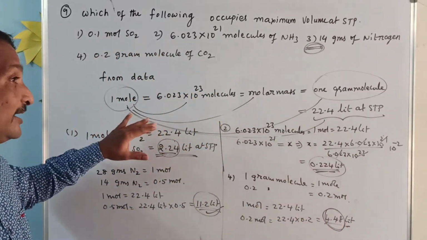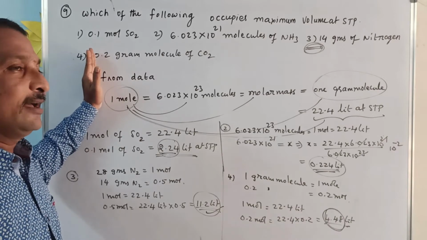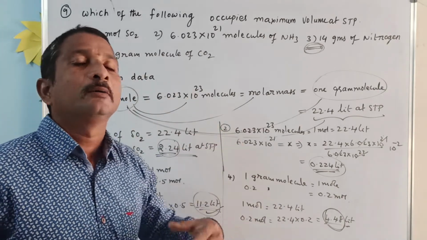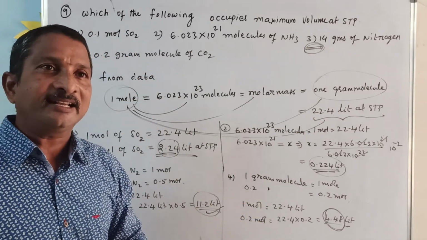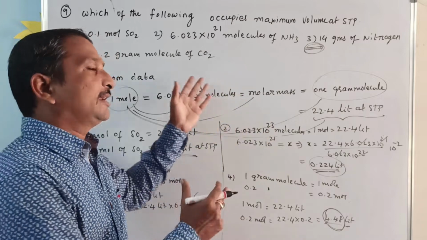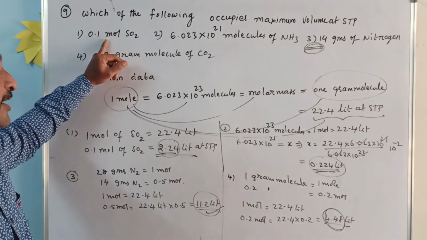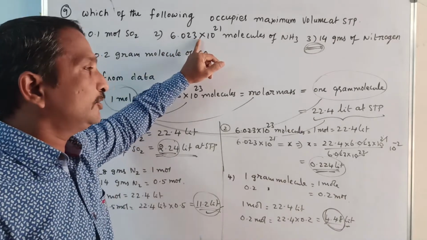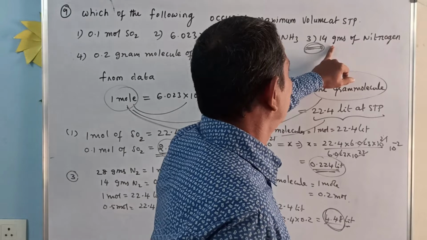How have I calculated? All given values have been changed into moles. If we change given values into moles, we can easily calculate the volume occupied by gases. This value is in moles, we need not change. This value is in molecules, we should change molecules into moles. This value is in grams, we should change grams into moles.